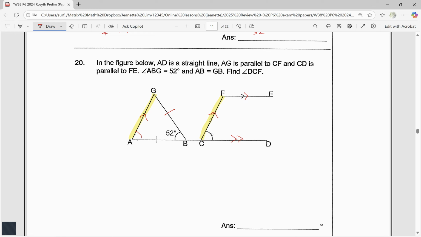So for the isosceles triangle, you take 180 minus 52. Be careful of your equal angles. You need to know which two are equal. Okay, these two sides are the same, which means that the base angles that are equal would be at G and at A. Not at B. B is the odd one.